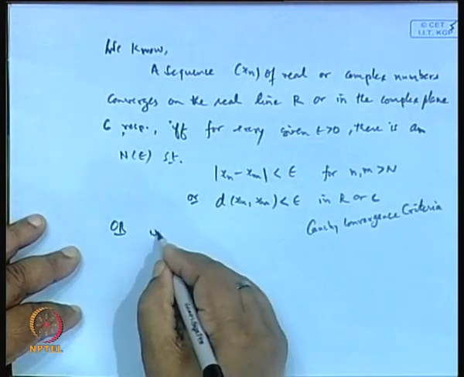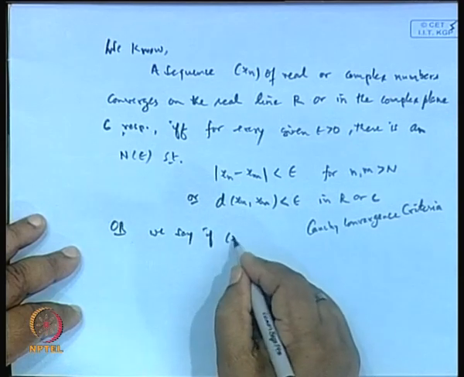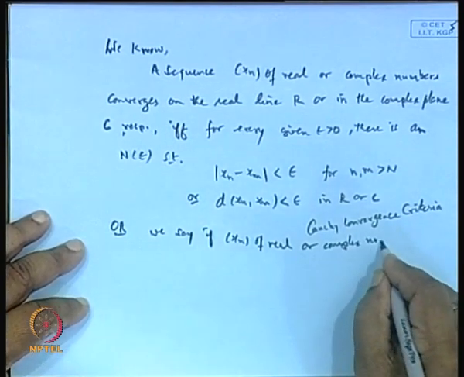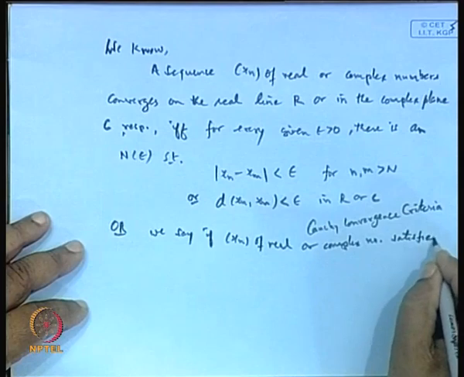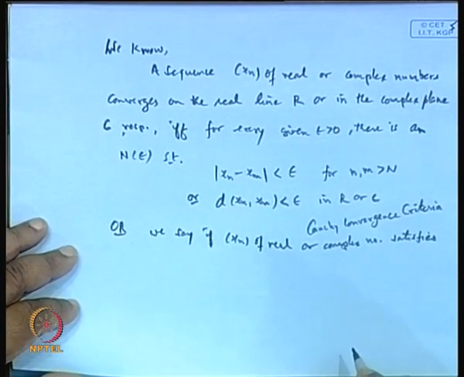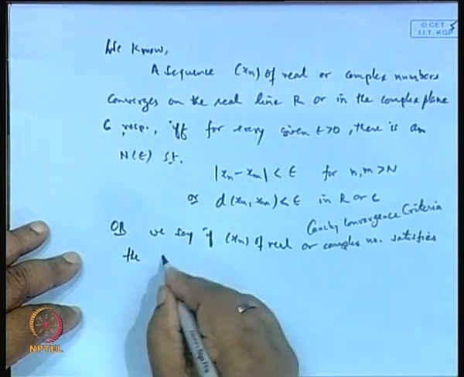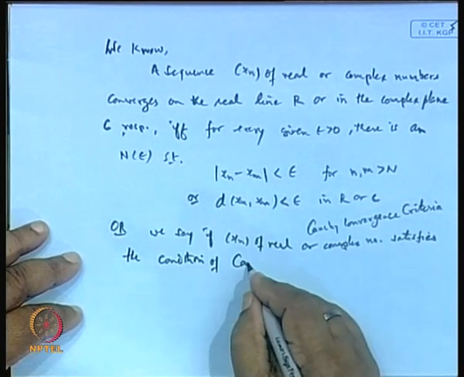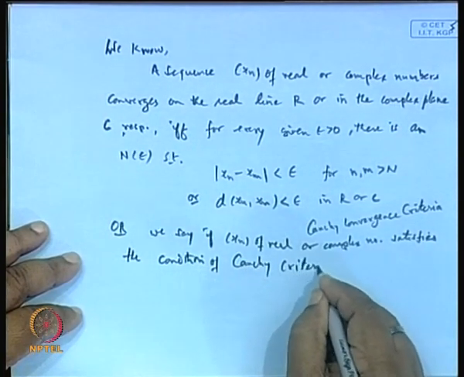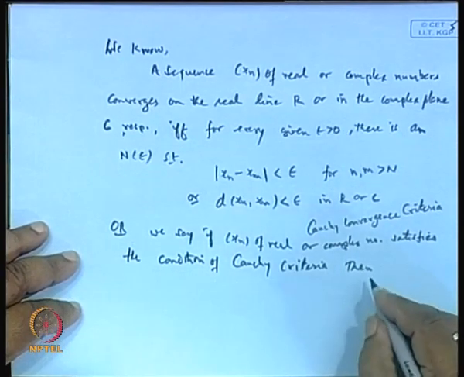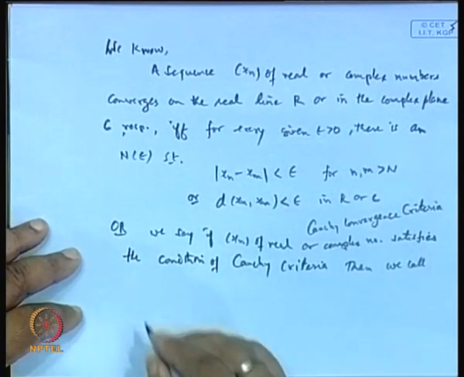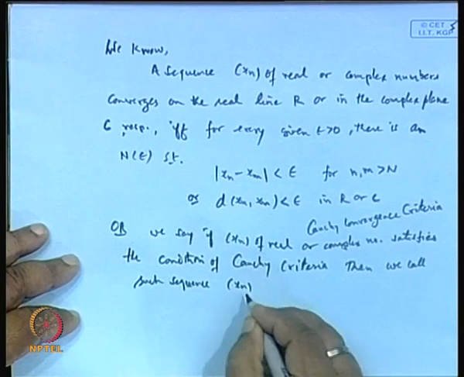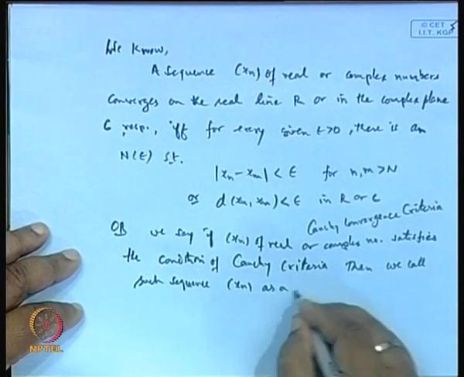Or we say if a sequence x n of real or complex numbers satisfies the condition of Cauchy criteria, then such a sequence x n we call a Cauchy sequence.